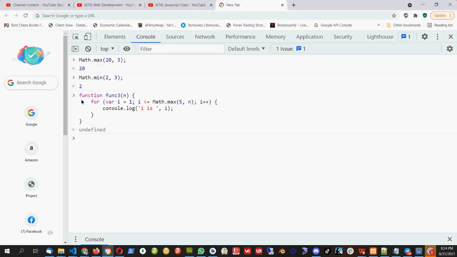Now who can tell me what is the big O notation of this function? Kate is saying O(n). Let's see what others are saying. Ali is saying O(n).